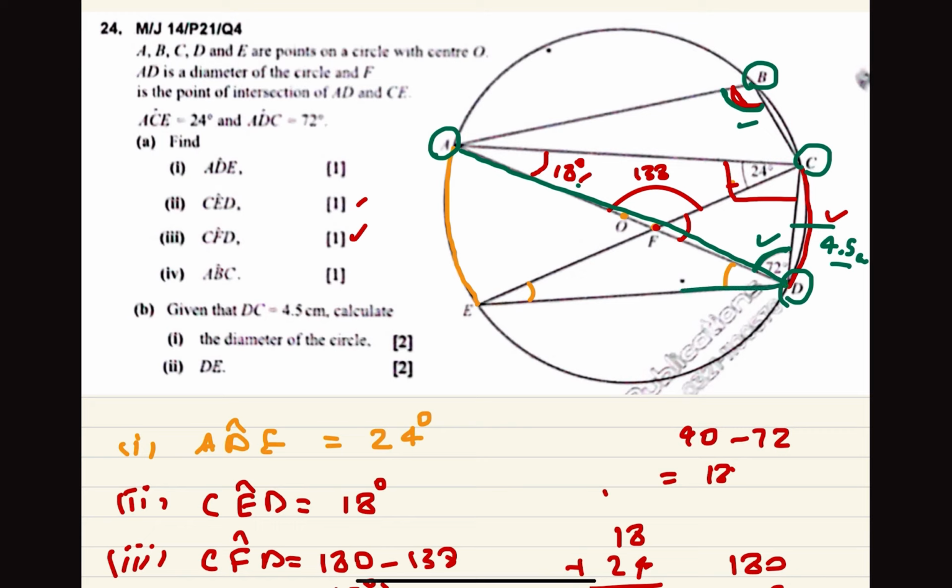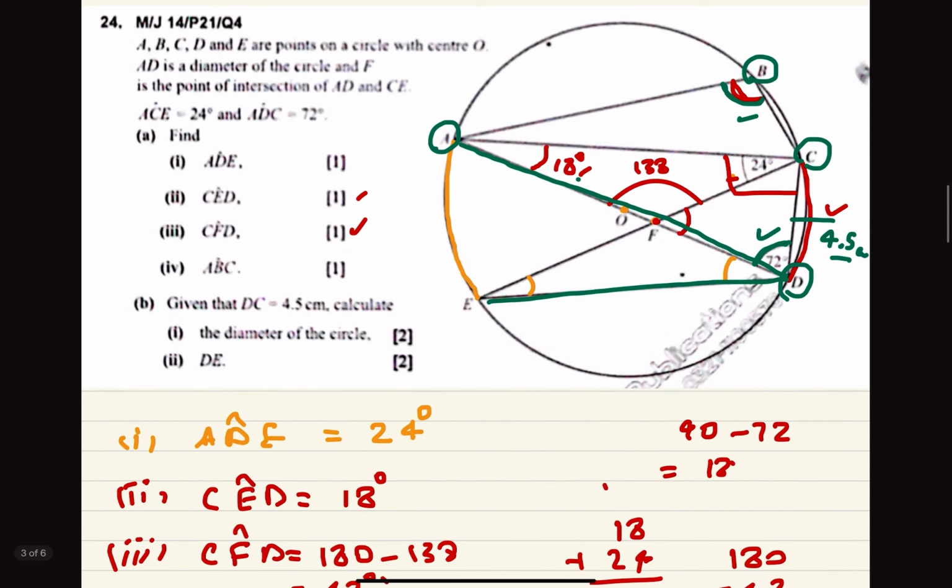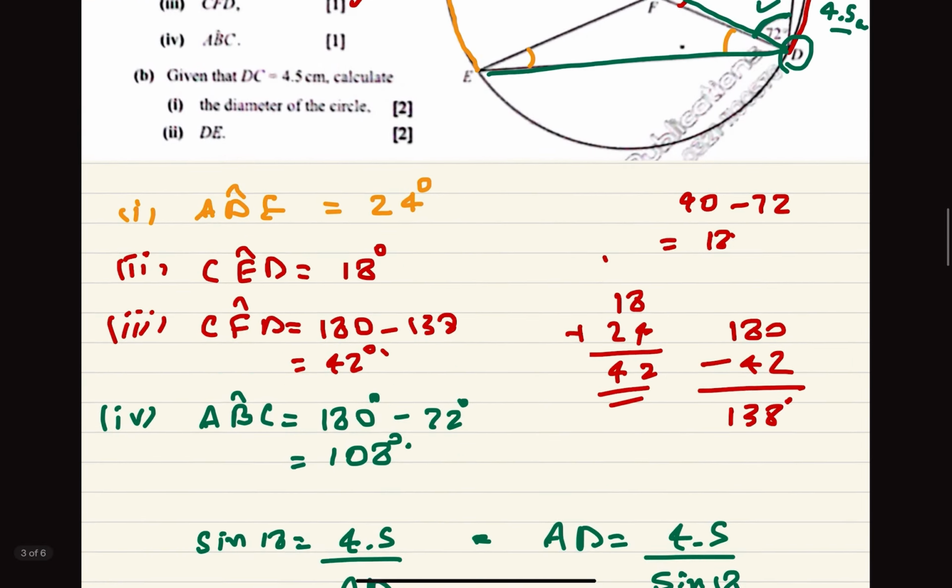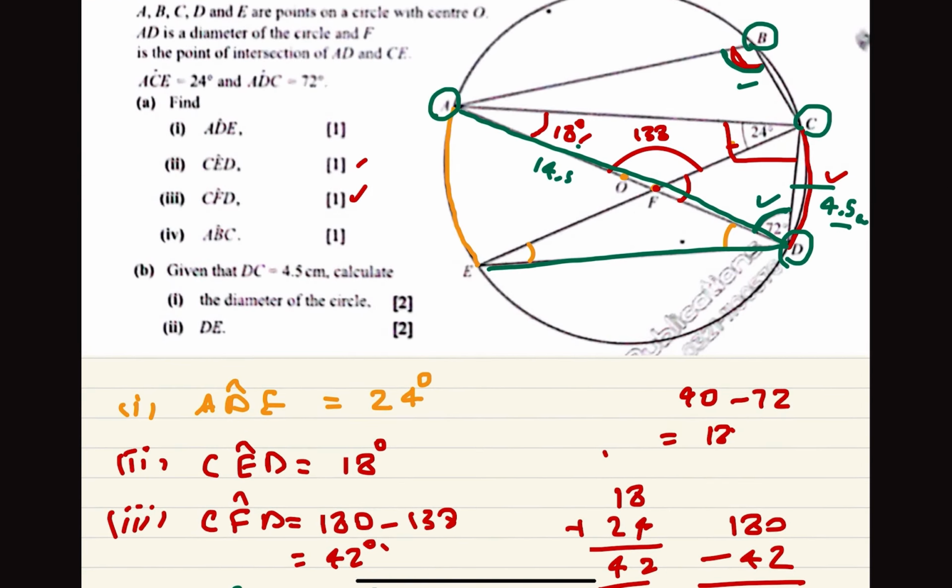And DE, you need to find out this DE. How can you find this DE? DE can be found by using the sine rule. AD was 14.56. This is 4.5, and you know this angle is 18, with the side opposite to it given.